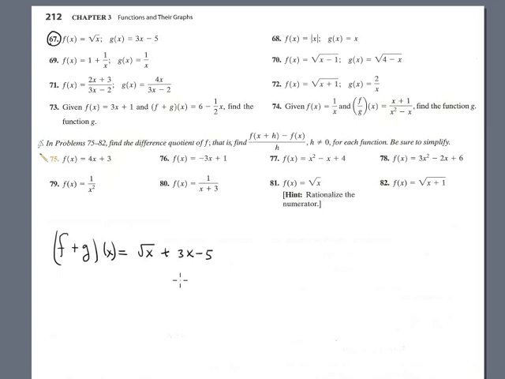And find its domain. The domain of f plus g is determined by the only restriction that we have, in the radical: x greater than or equal to 0. No negative here. So x such that x is greater than or equal to 0.